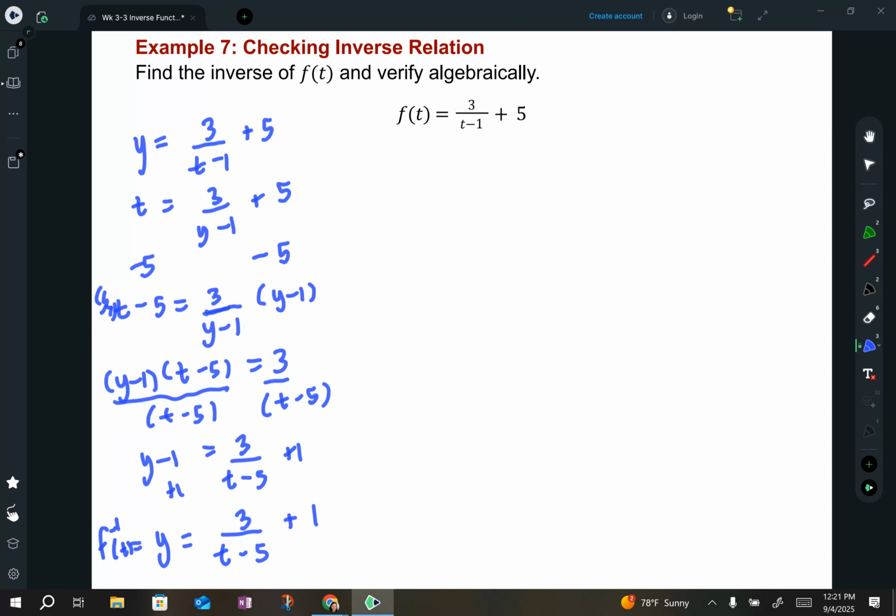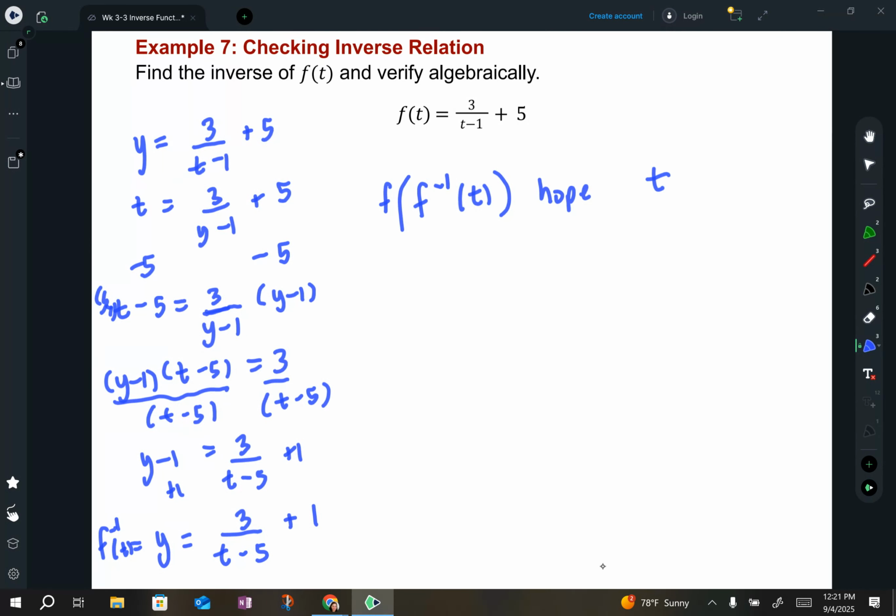I found the inverse function of t, and now I'm going to verify algebraically that these are inverses. That means I'm going to take f of f inverse of t, composing those functions, and hope I get t. That means I did it correctly.